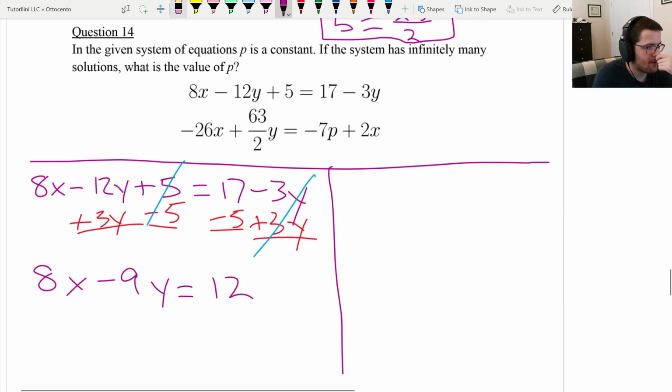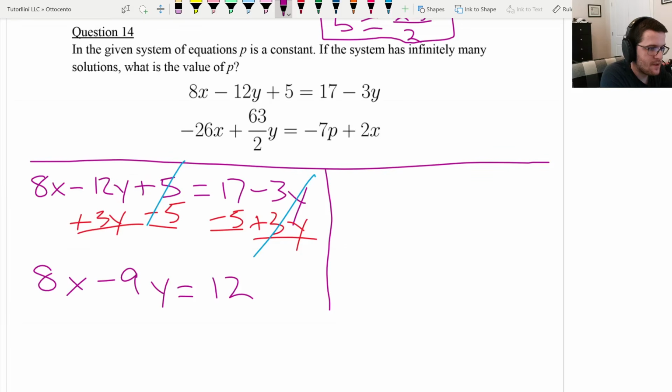And now we're going to do the other one. And that is, first, what we're going to do is we have a denominator of 2. So we're going to multiply the whole equation by the least common denominator, which is just 2.